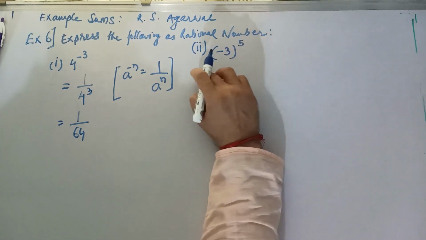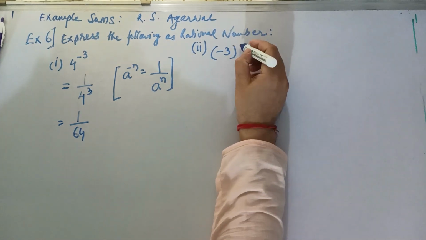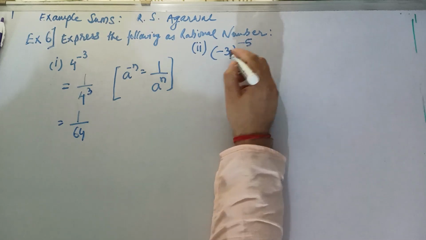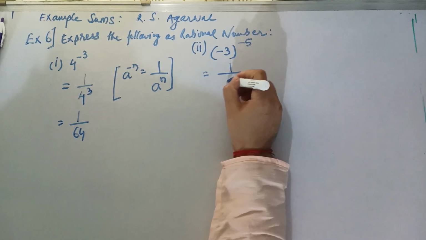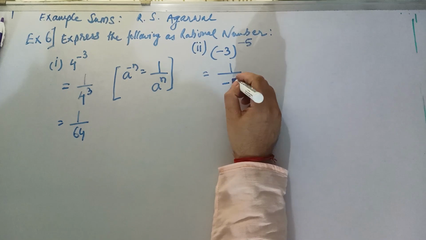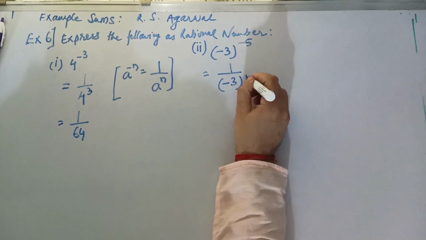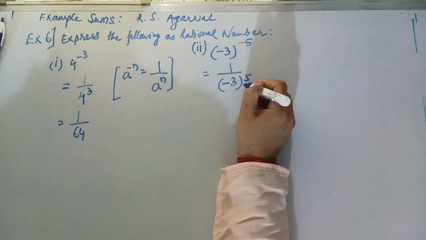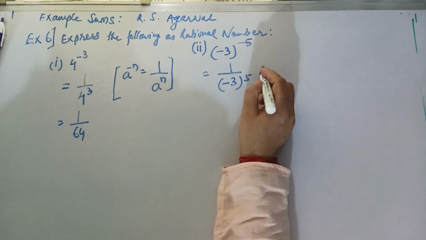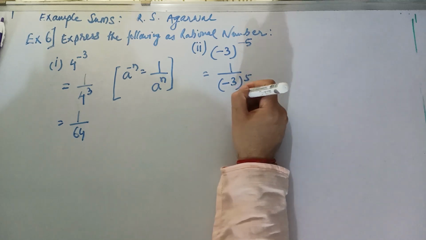I'm sorry, this is (-3) raised to minus 5. So this will be 1 upon (-3) raised to 5. The entire thing will come in the denominator and the sign of the power will change.